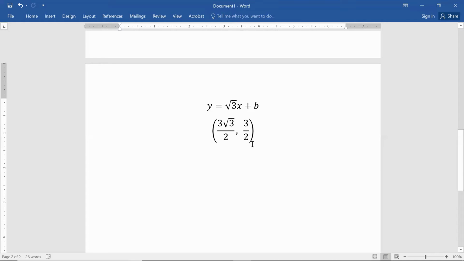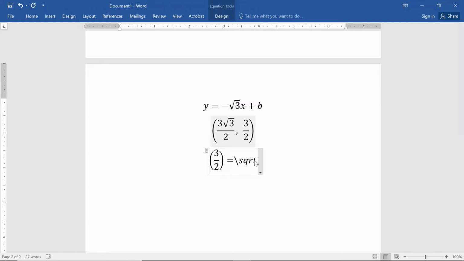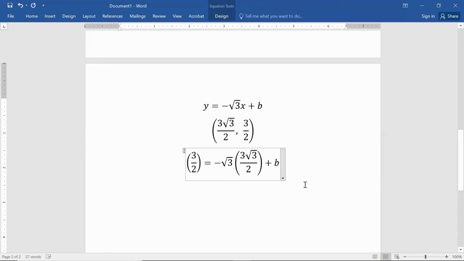And this 3 over 2 is going to be plugged in for my y. So we're going to get 3 over 2 equals negative square root of 3 times an x value, which is 3 root 3 over 2, plus b. And now I can solve for b.